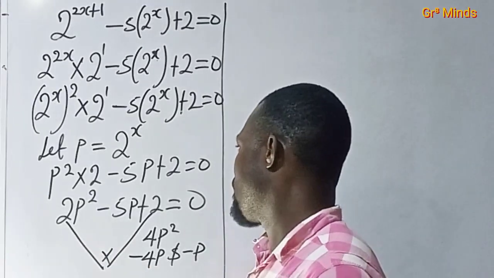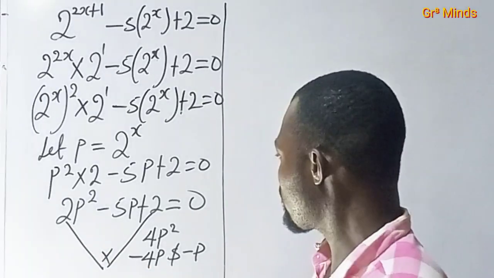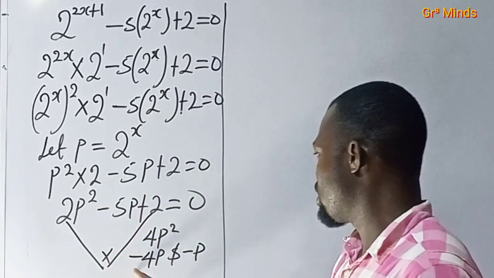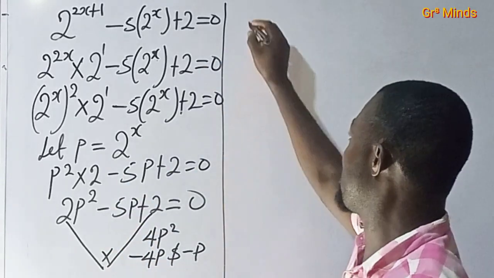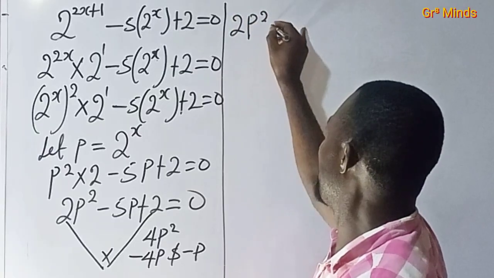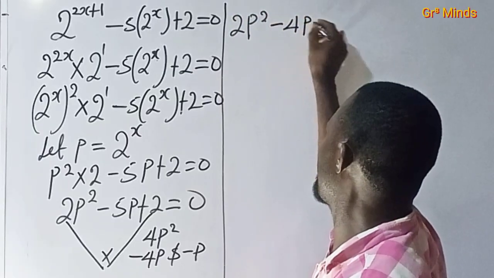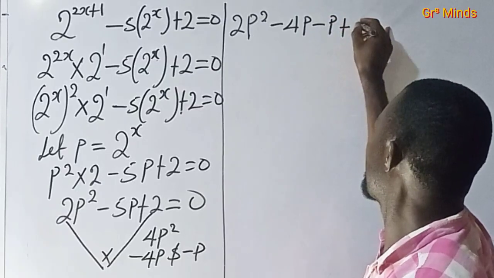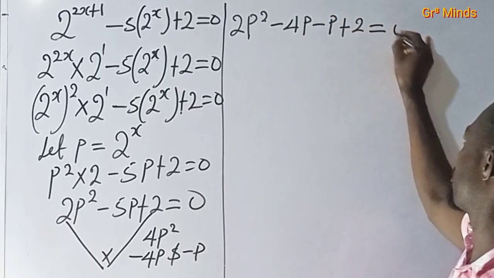This becomes the factor pairs. Now, we replace the middle term with these two factor pairs in this form: 2p squared minus 4p minus p plus 2 equals 0.